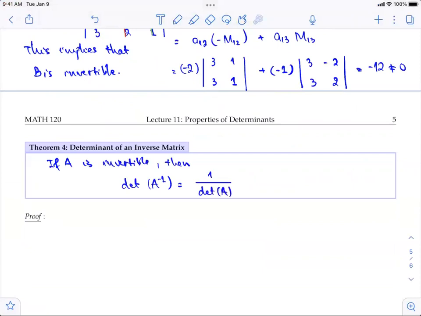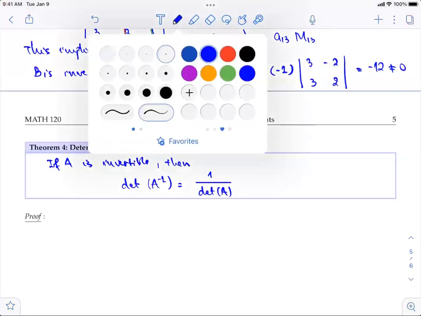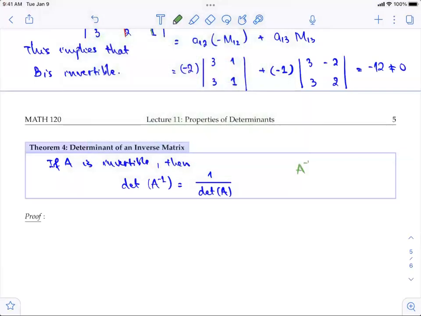Okay, so you have this kind of operation because the determinant of a matrix is a number, so you can have 1 over that number. However, the inverse matrix A inverse is not the same as 1 over A, right? So there's no such operation. So be careful between the two situations.